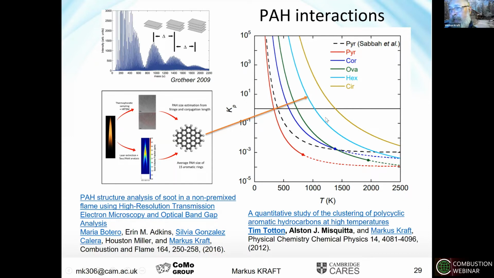At temperatures of 1500 K, typical flame temperatures, you need much larger PAHs to actually stick together, which basically indicates that a pure physical dispersion inception mechanism is unlikely. Something is wrong, we need to carry on.